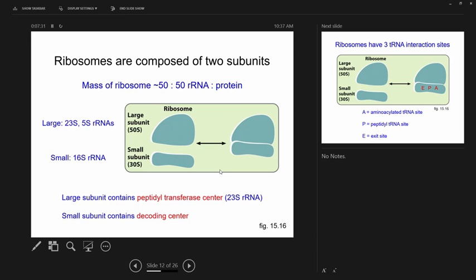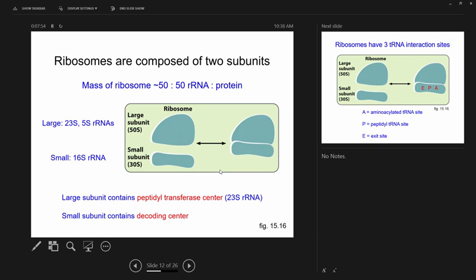The small subunit down here at the bottom is referred to as the decoding center, because in pockets within the small ribosomal subunit is where the anticodon loops of the transfer RNA are going to meet the codons of the messenger RNA.